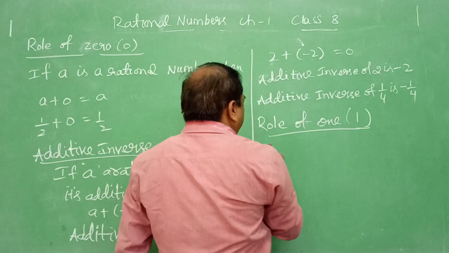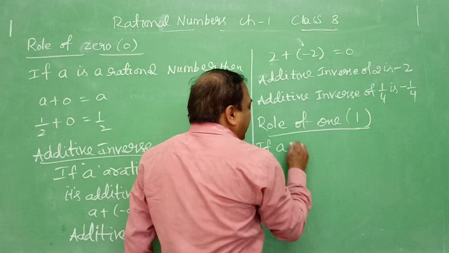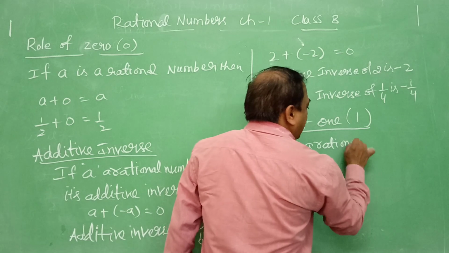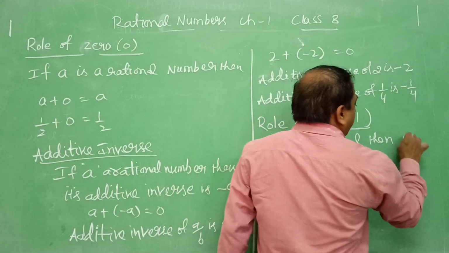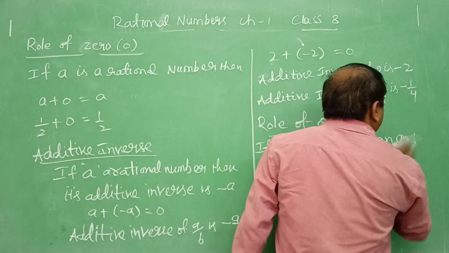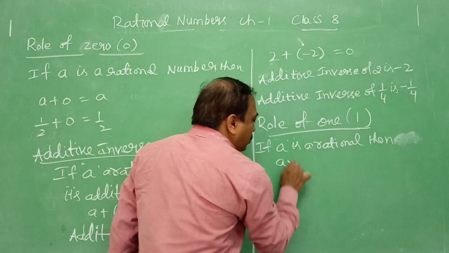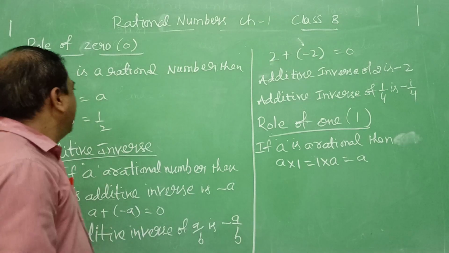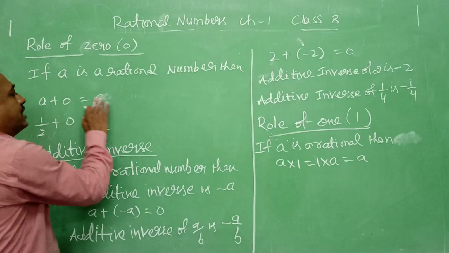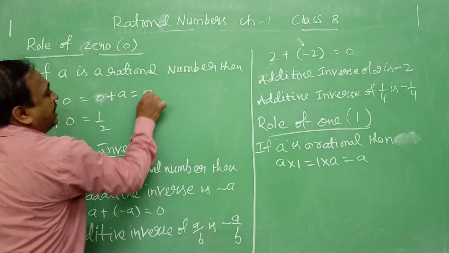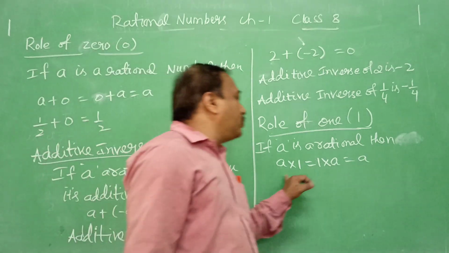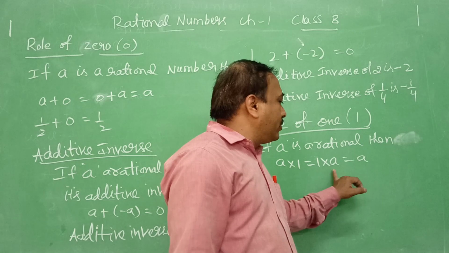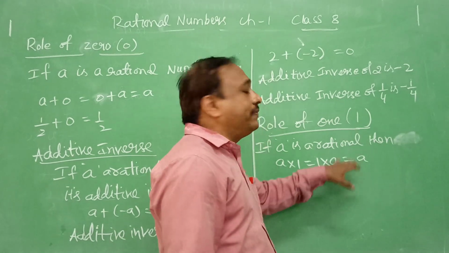Like if A is a rational number, then A into 1 is equal to 1 into A is equal to A only. Here also, in the same way, A plus 0 is equal to 0 plus A is equal to A. So A into 1 is equal to 1 into A is equal to A. This is the role of 1.